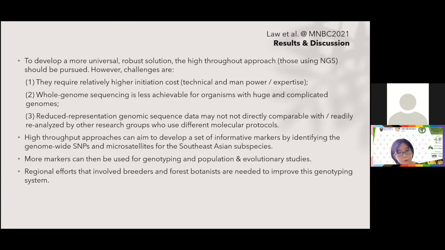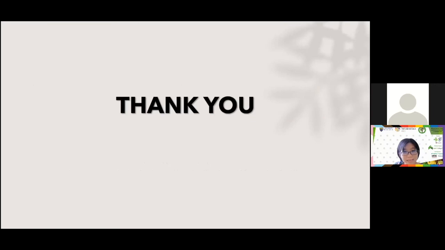This should involve both breeders and forest botanists, so that we can improve the genotyping system, as well as improve our understanding of the evolution and domestication of bananas. So I think that is all from me.